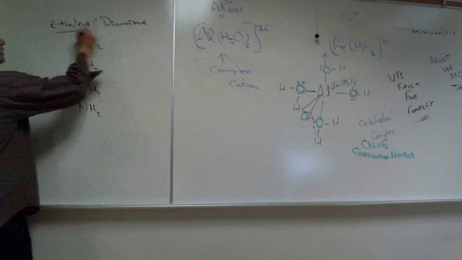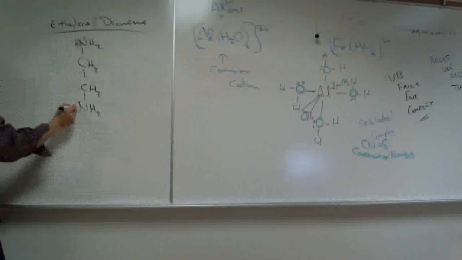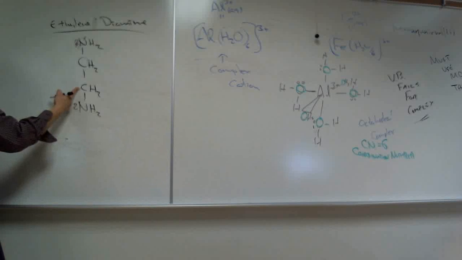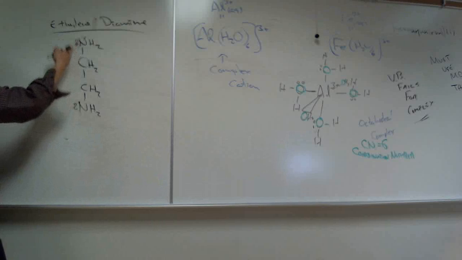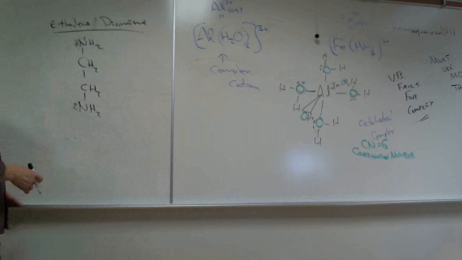But when we look at ethylene diamine here, what's the hybridization on nitrogen? It's sp3. Carbon is sp3, sp3. These are all sp3. The sp3 angles are 109 roughly, and so drawing 180 is not exactly right.